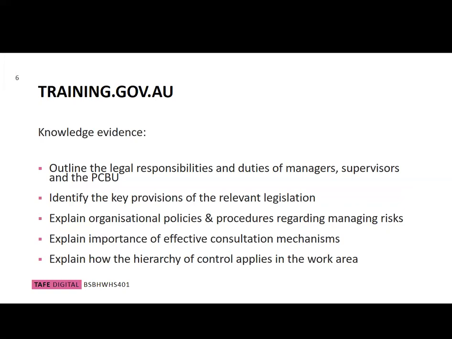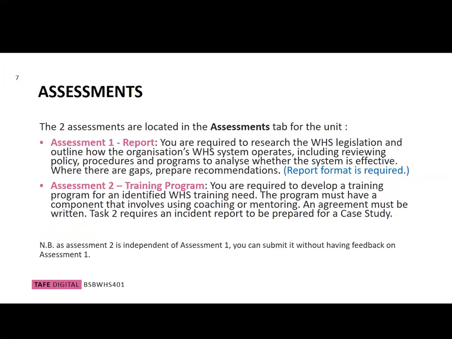So there's a lot of evidence that needs to be assessed, and therefore the two assessments are fairly detailed. So assessment 1 is a report, researching the legislation, identifying how the WHS system operates in your workplace, which will include looking at policies, procedures, and the WHS programs that are in place, and determining whether they are effective.